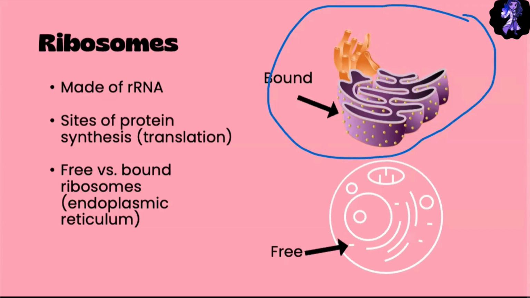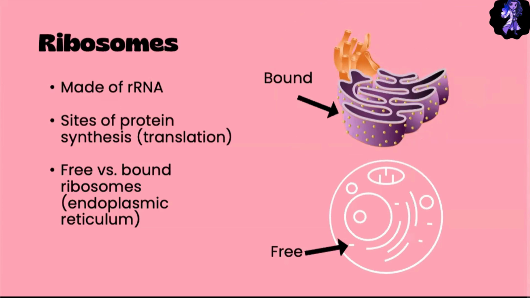It's not always going to be those colors, but I just want you to notice that difference because you'll notice these little dots on here. Those little dots are considered ribosomes, and those are bound ribosomes. They're attached to the endoplasmic reticulum, which is this structure that they draw out here as well. So I just want to point that out.